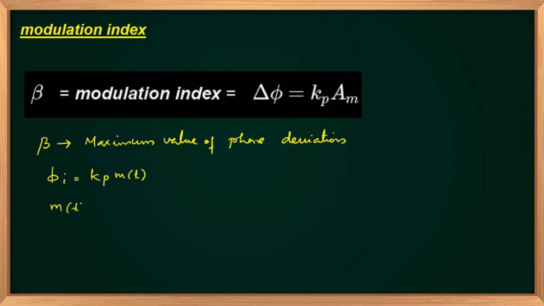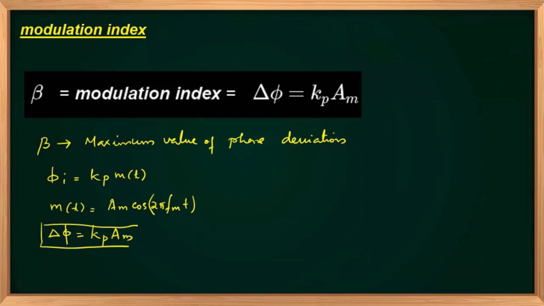For the single tone signal Am cos 2 pi fmt, the maximum phase deviation delta phi equals Kp into Am, where Am is the maximum value of the modulating signal.